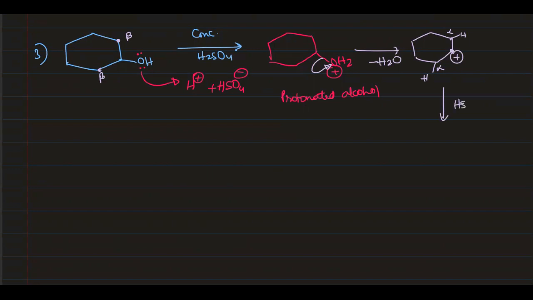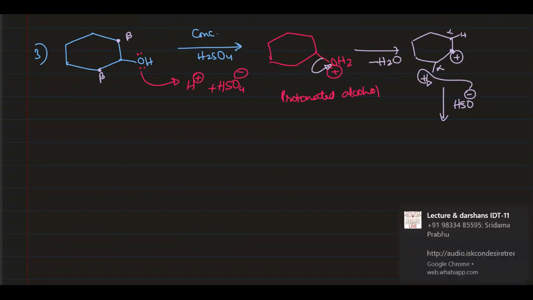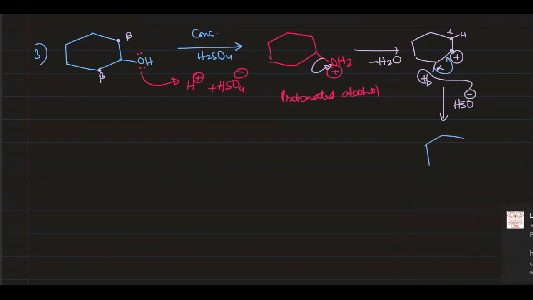Meanwhile, HSO4 minus, which is also a powerful base, abstracts this proton and causes this particular bond to collapse here, forming what is called an alkene, that is cyclohexene. This phenomenon in which H2SO4 is removing water is called a dehydration reaction. Dehydration is also elimination. This dehydration is generally at high temperature, 443 Kelvin or more.